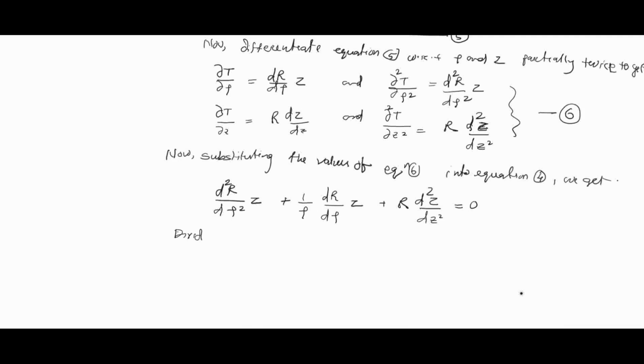So divide the whole equation by RZ to separate the variables, to separate the functions of independent variables.